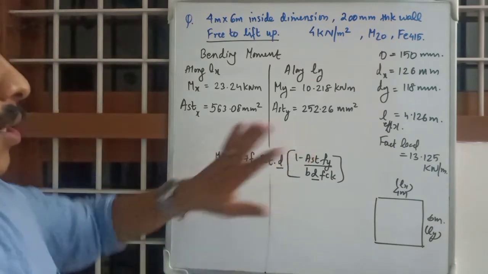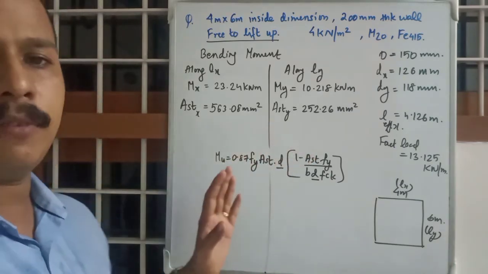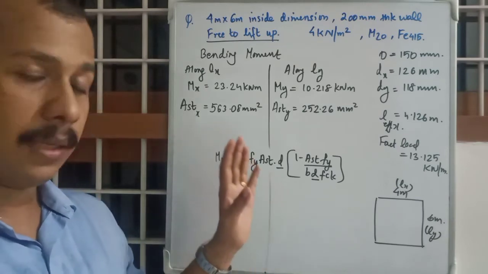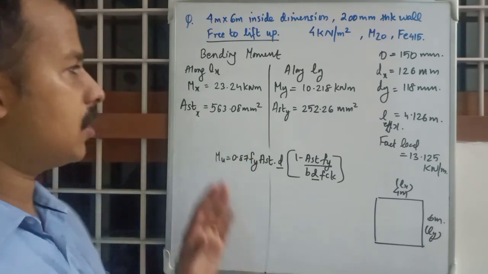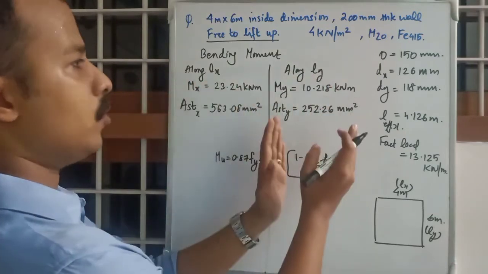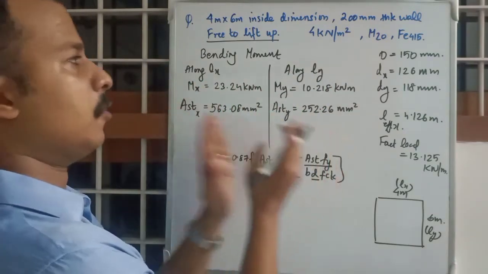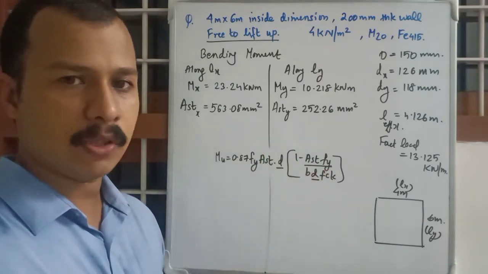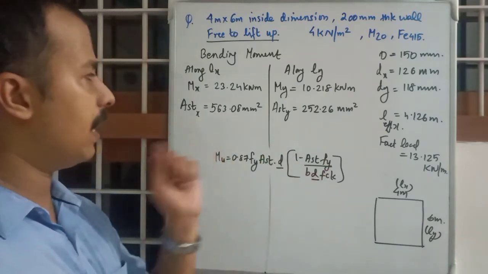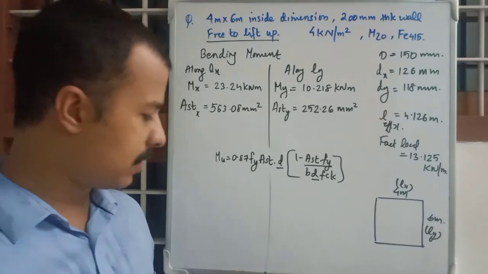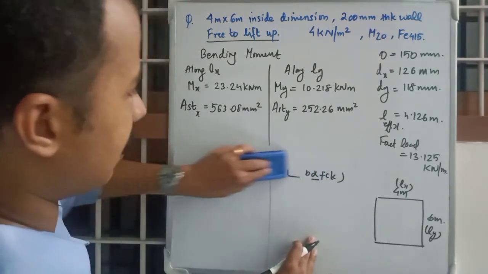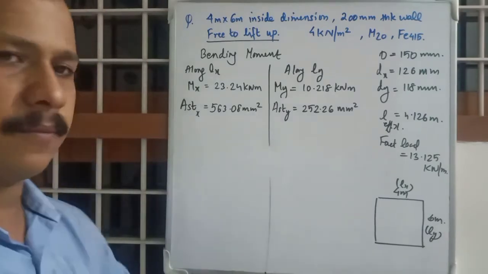Okay, so just the same way we will be doing for single reinforced or double reinforced beams and one-way slabs. We will just be taking separate values, separate calculations for separate longer and shorter dimensions. Okay, so we have Ast values. Then obviously what we will be doing is we will check with what?